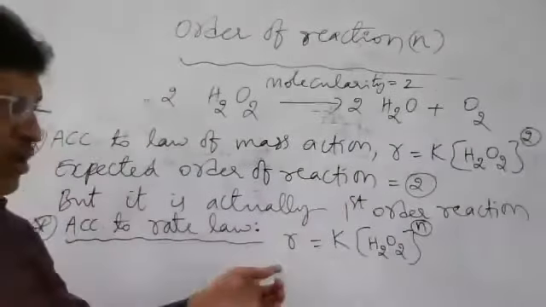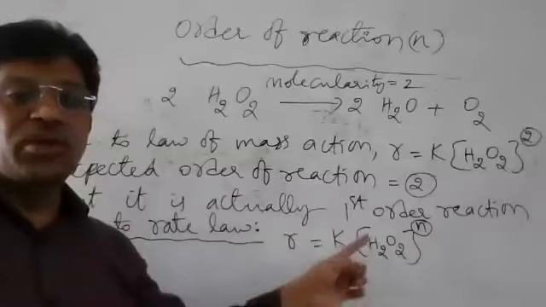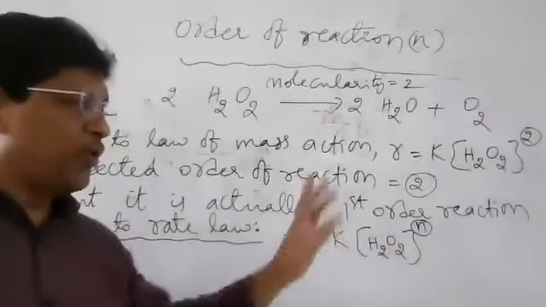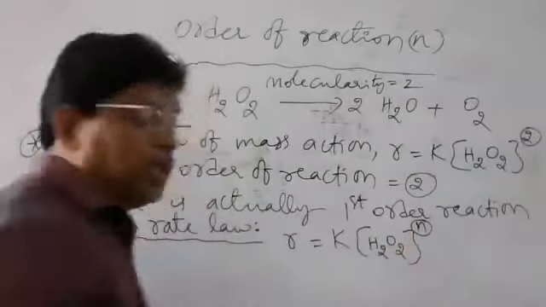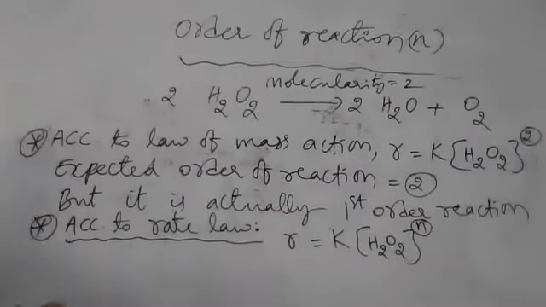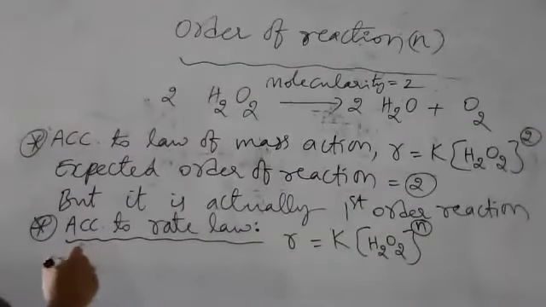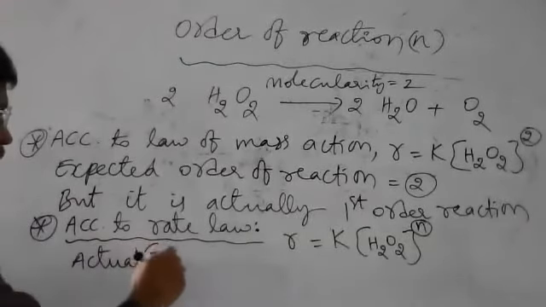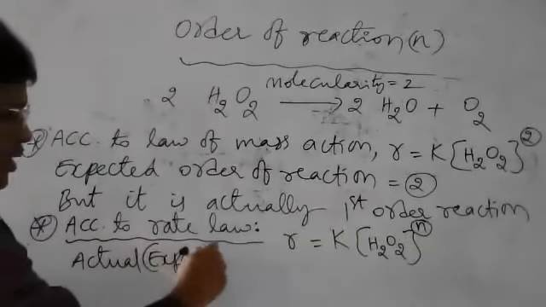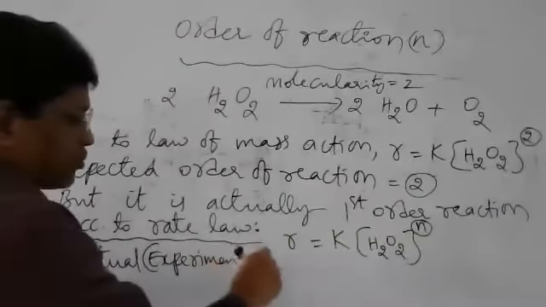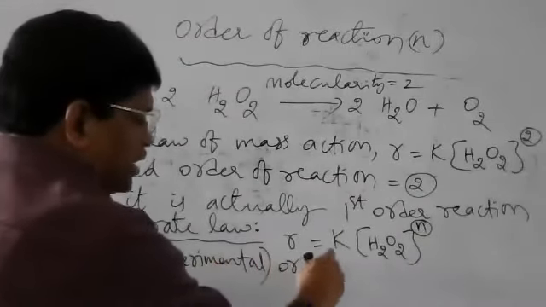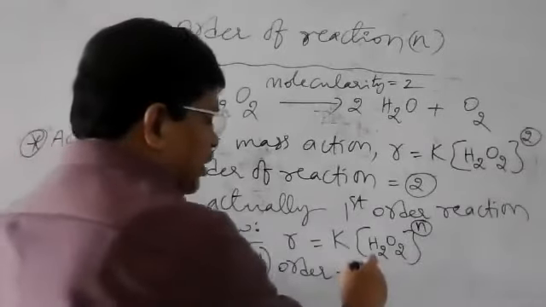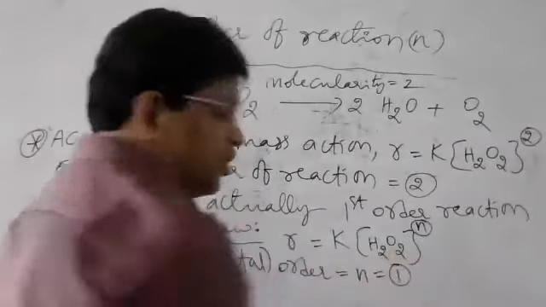So rate of reaction is equal to rate constant into the concentration of H2O2 to the power of N. What is the actual order of reaction? The experimental order of reaction: N is equal to 1 we got from experiment.